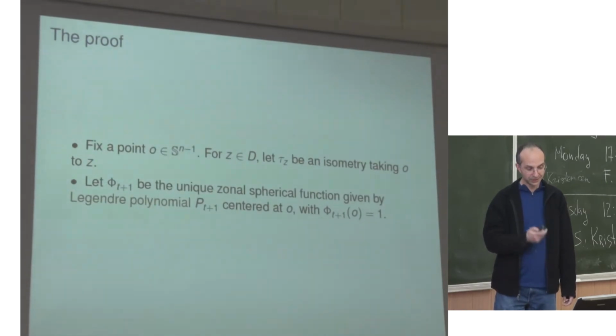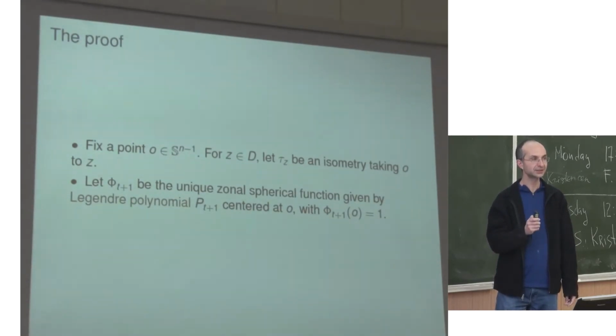Now, here is a crucial property of the sphere. In any eigenspace of the Laplacian, there is a unique eigenfunction called the zonal spherical function, which has the following property. First of all, it's symmetric.